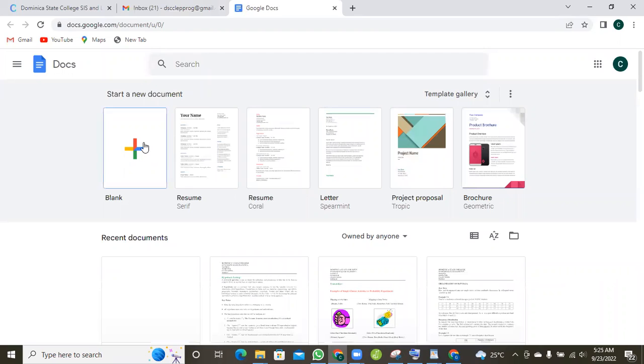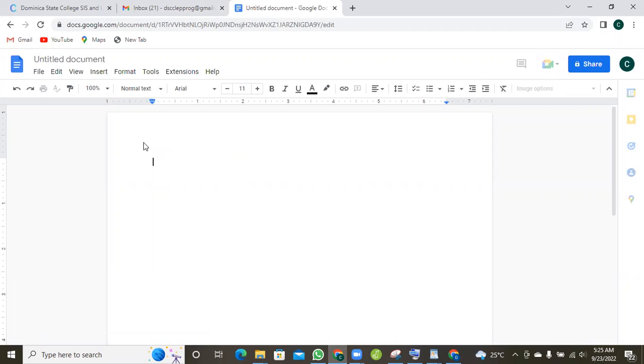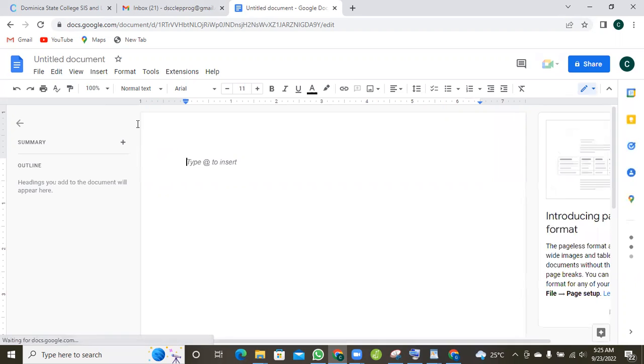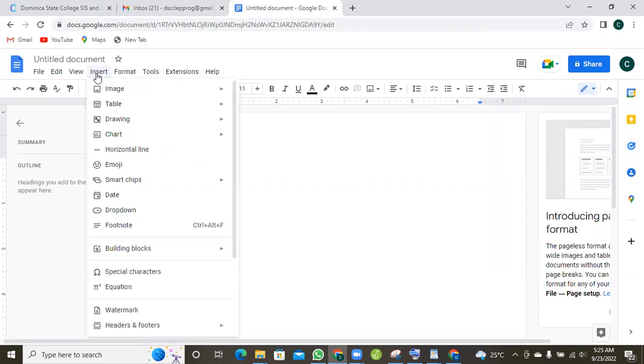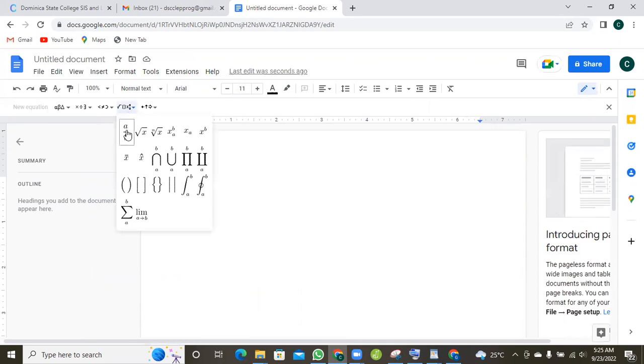Then you can click on a blank page. And then you go to Insert, Equation. Now let's say you want to add 3 and 2/5. So you want a fraction, 3 and 2/5.